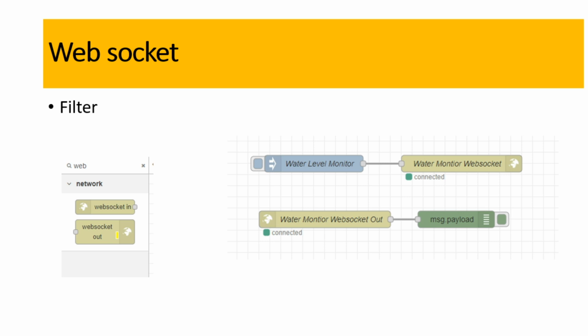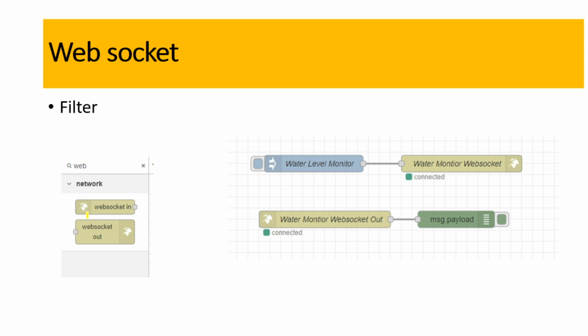In Node-RED, you have a filter window above the node palette where you can type your required node name. If I type web, then WebSocket in and WebSocket out, these two nodes, will be selected in the node palette. Now it will be easy for me to drag and place them.